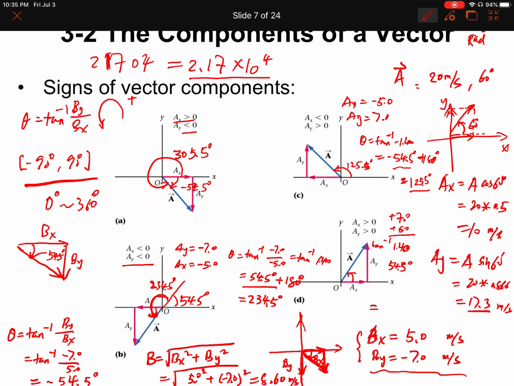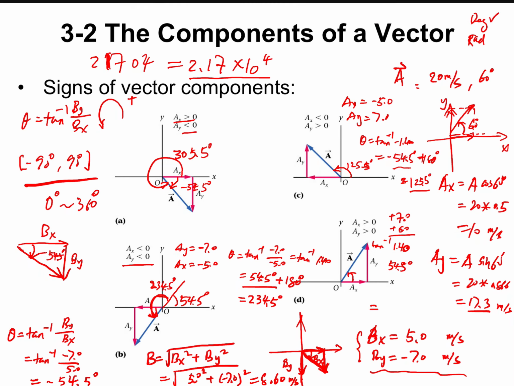So when you do the inverse tangent function to find the angle, be careful. You have to know which quadrant the vector should land on, and you have to adjust your angle accordingly. First and fourth quadrant, no problem. Second and third quadrant, remember to add 180 degrees.